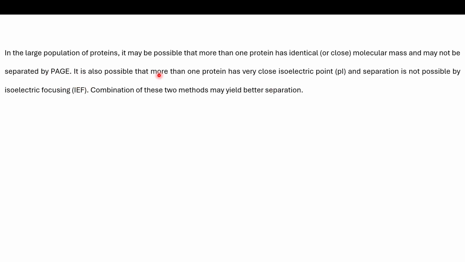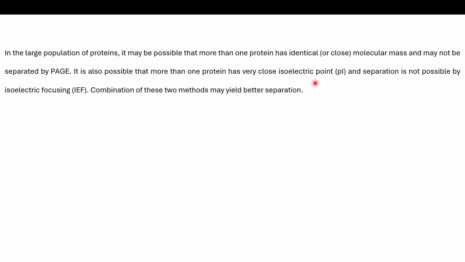It is also possible that more than one protein has a very close isoelectric point or pI. Isoelectric point is the point where the proteins exist as a Zwitter ion where the overall net charge is zero.